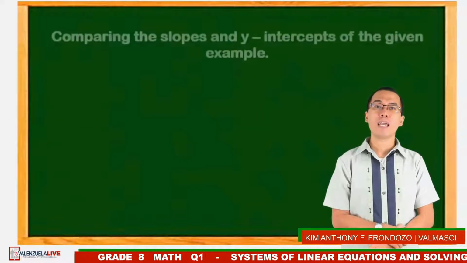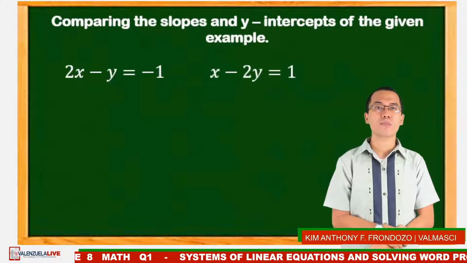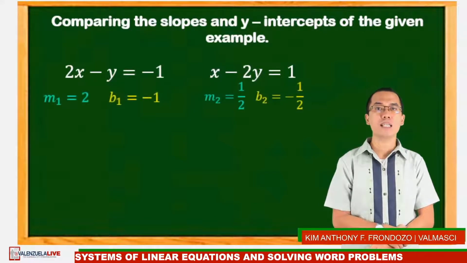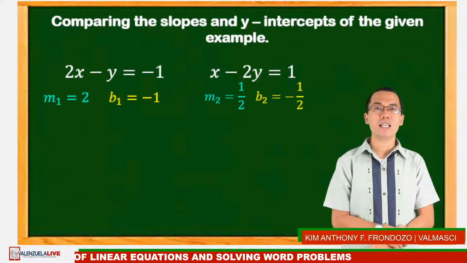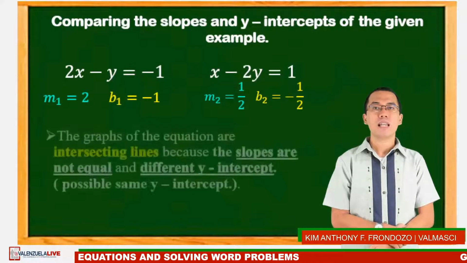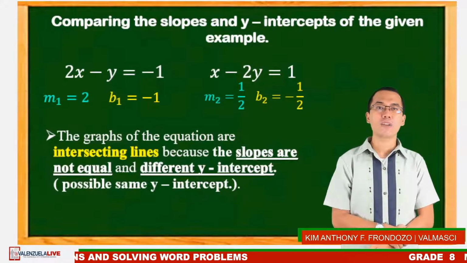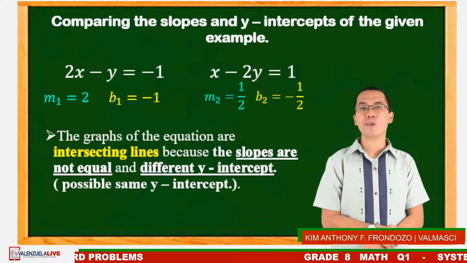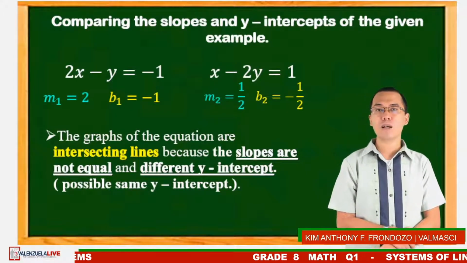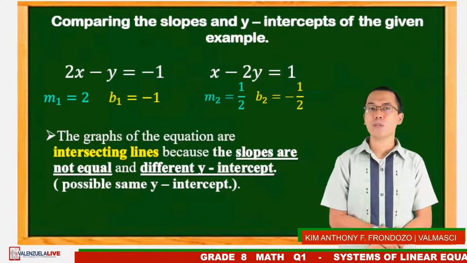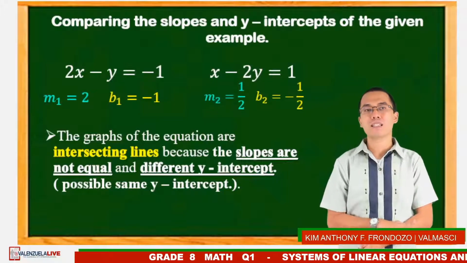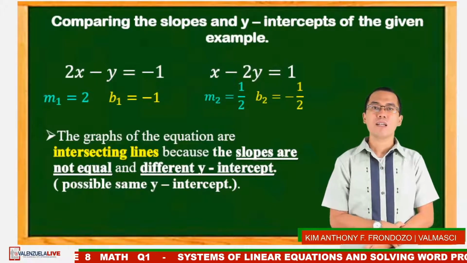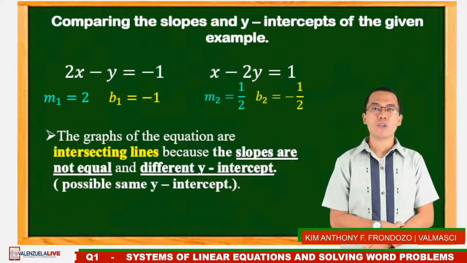Now, solving for the y-intercept in the second equation, x minus 2y is equal to 1, we just let x be equal to 0, so the y-intercept is -1/2. Now, comparing the slopes and y-intercepts of the given example, since m sub 1 is not equal to m sub 2 and b sub 1 is not equal to b sub 2, but in some cases, it is possible that the system can have the same y-intercept.